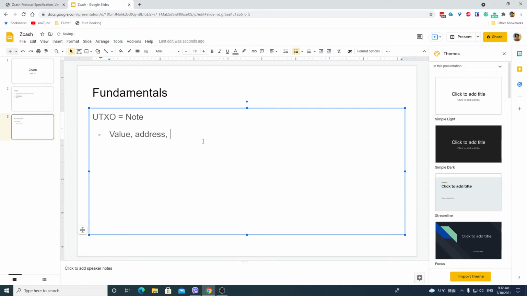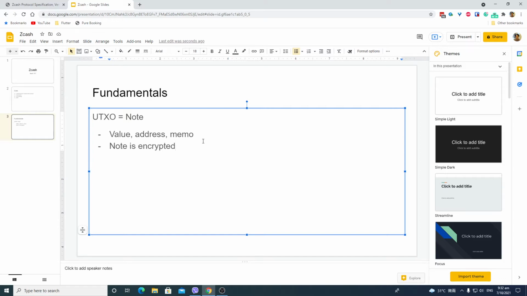And in the case of Zcash, shielded transactions also have a memo. A memo is simply arbitrary text or arbitrary bytes that you can associate with a note. The big difference is that a note is encrypted, with a mechanism which I think is called authenticated message encryption.